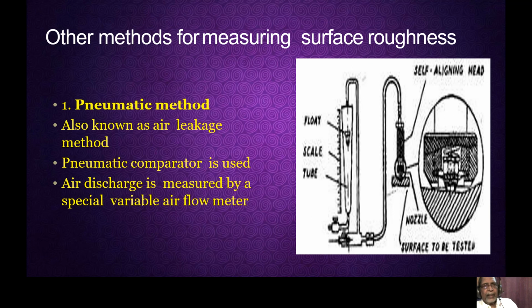Other methods for measuring surface roughness: Number 1, pneumatic method, also known as air leakage method. A pneumatic comparator is used. Air discharge is measured by a special variable air flow meter. You can see the instrument here.